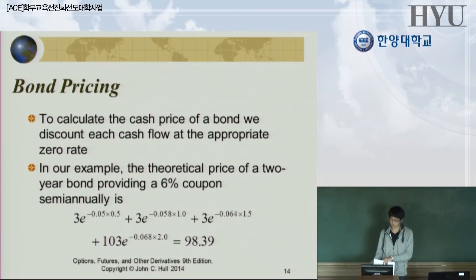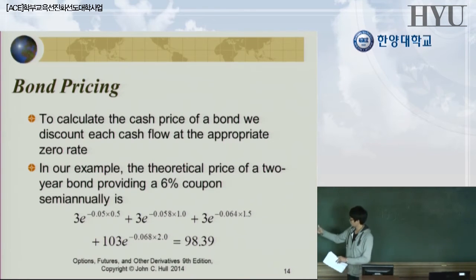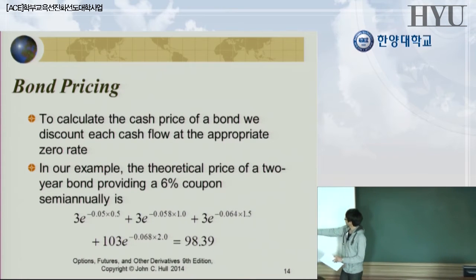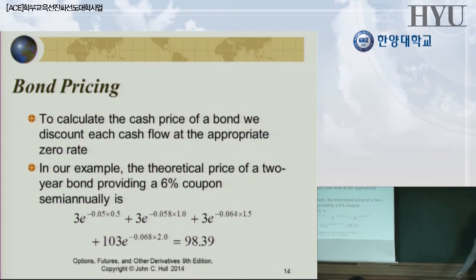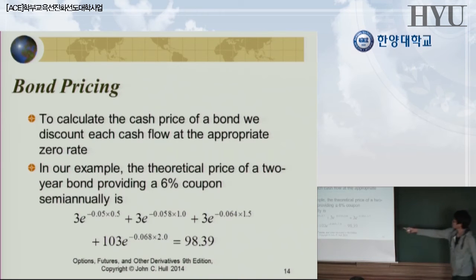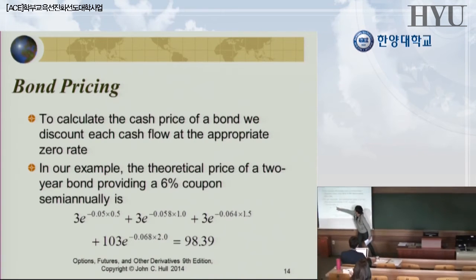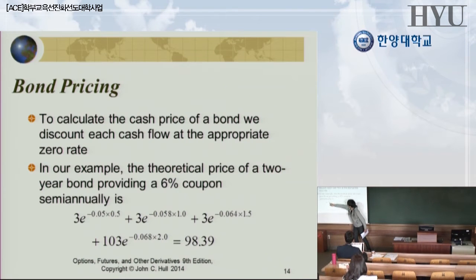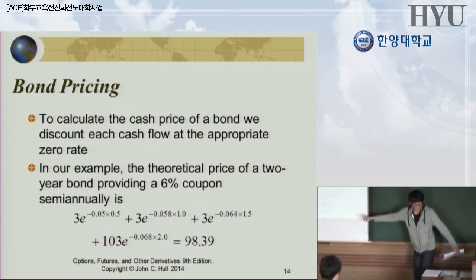So to calculate the cash price of a bond, we discount each cash flow at the appropriate zero rate. So the formula below: if the maturity is 0.5, the zero rate is 5%, so the rate is 0.05.